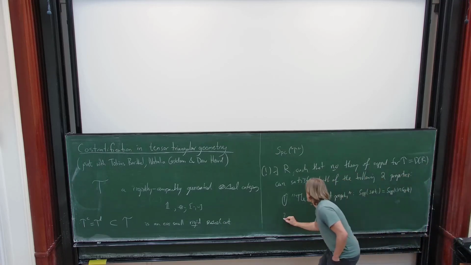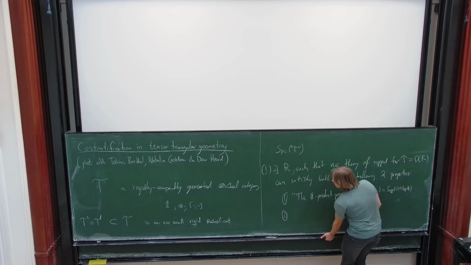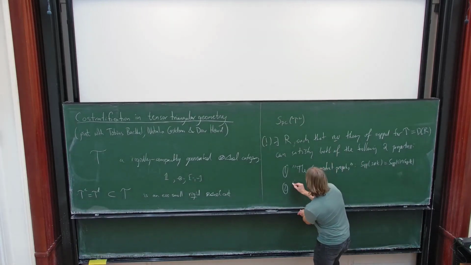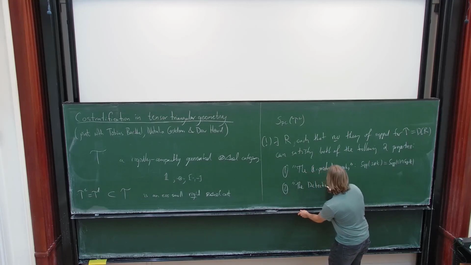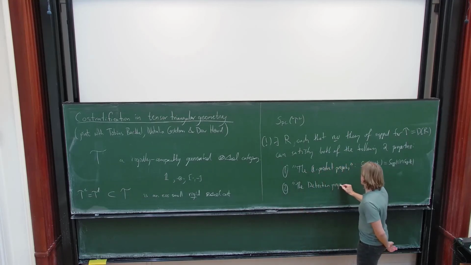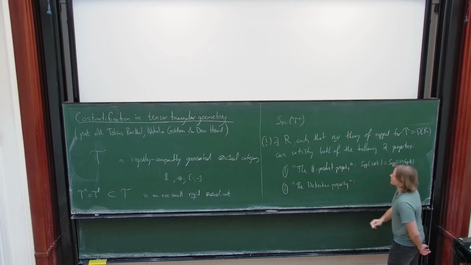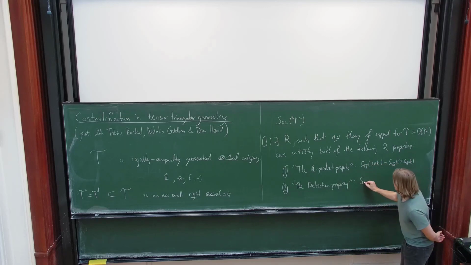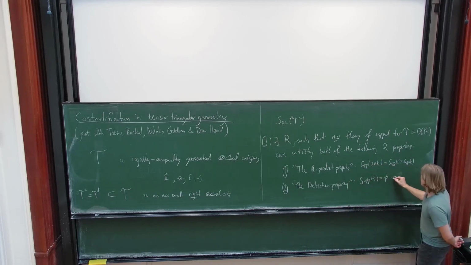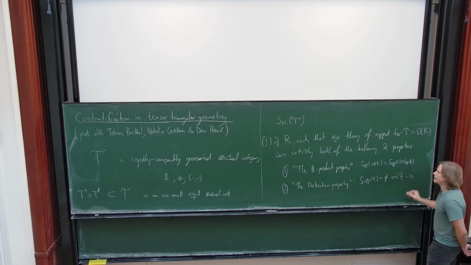And the second condition is what I call the detection property, which is saying that if the support of an object is empty, then the object is zero.